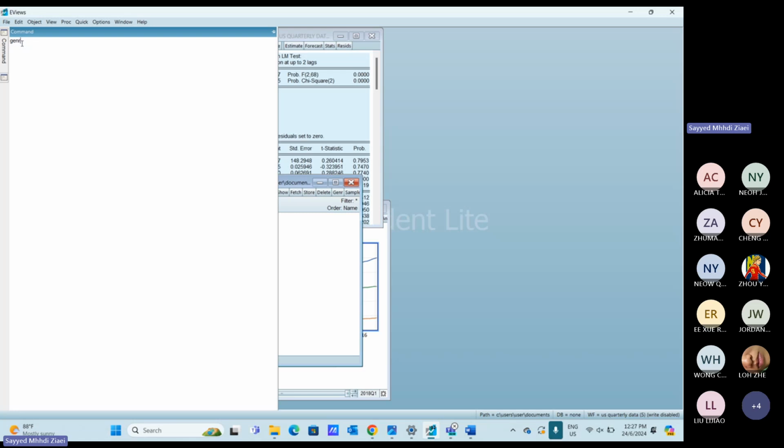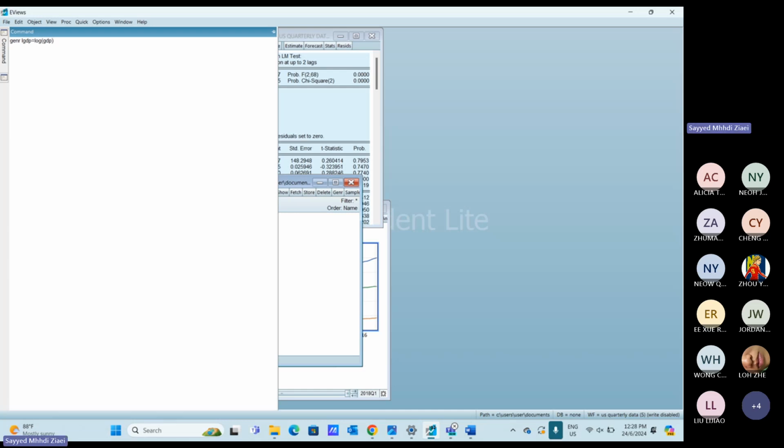What do we want to be generated? We want to have LGDP. L means logarithm of the GDP. So the software asks us, what's the meaning of LGDP? We should define it for the software. So we define LGDP means log of GDP.